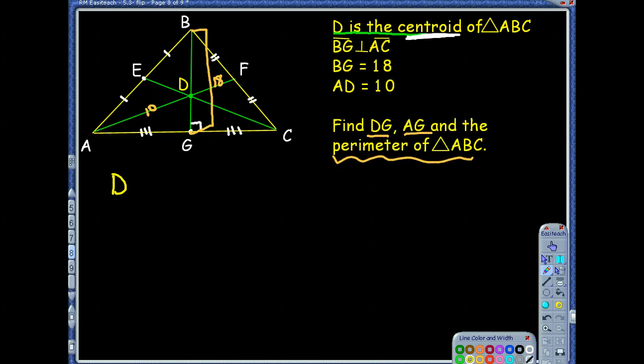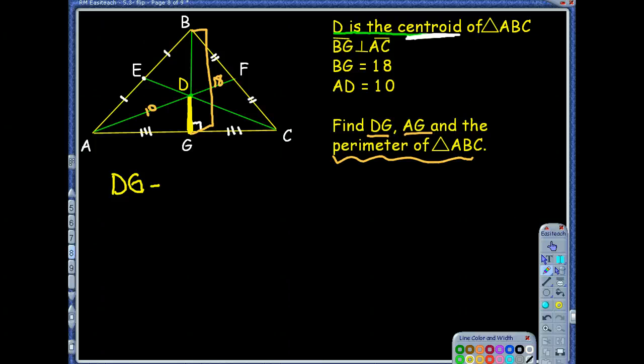All right, I'm going to start in order, because that's going to help me. I'll start with DG, and I notice DG is on the median BG, and that's good because they gave us what BG is. I think back to what I just did: there's a relationship between DG and the whole median. It goes from the centroid to the midpoint, so it's a third of the whole median.